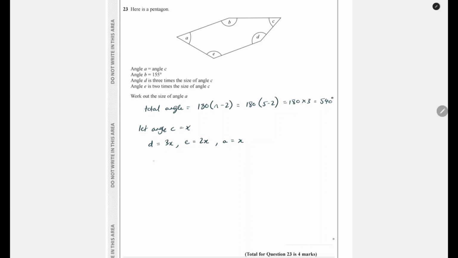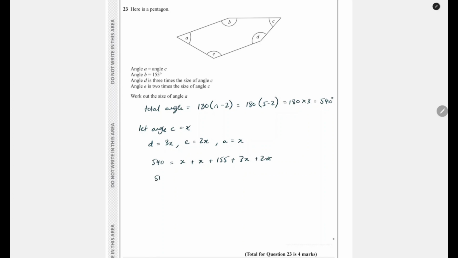And so we have our total angles, 540 is going to be equal to x, which is A, plus C, which is also x, plus B, which is 155, plus D, which is 3x, plus E, which is 2x.